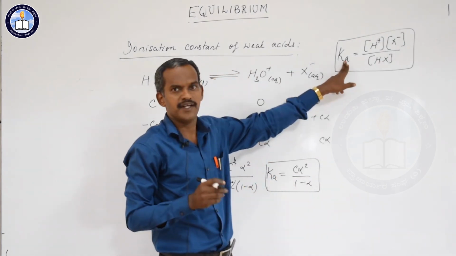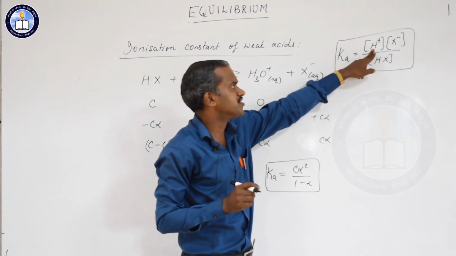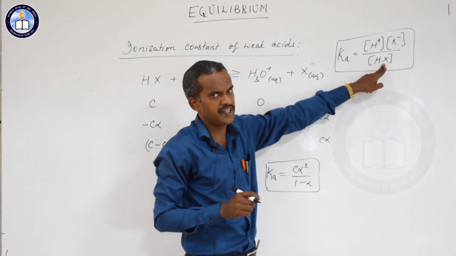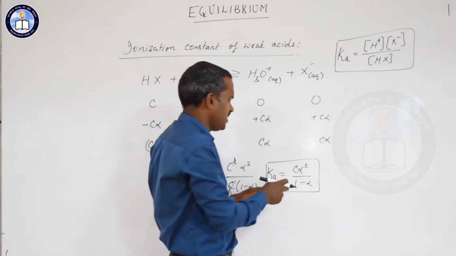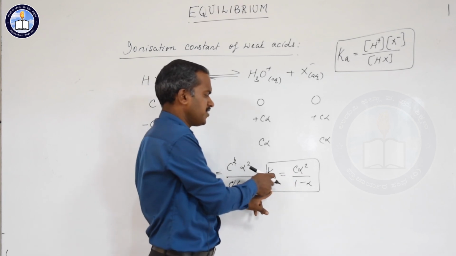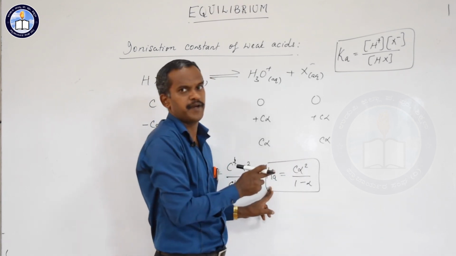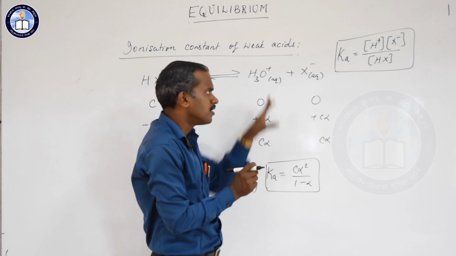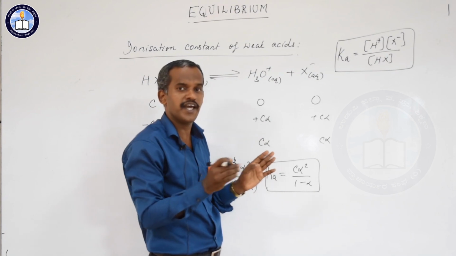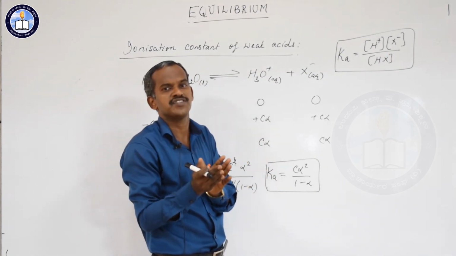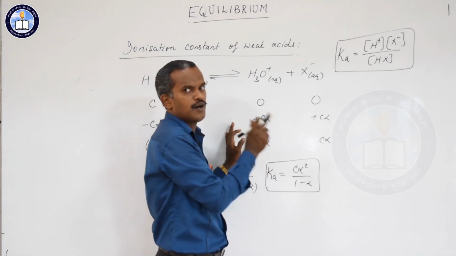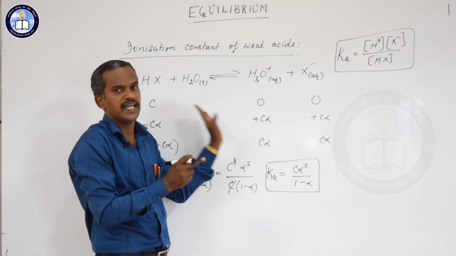Okay, Ka, the dissociation constant of a weak acid, is concentration of H plus into concentration of X minus divided by concentration of HX, that is the undissociated weak acid, or the expression which we got from the degree of dissociation, Ka is equal to C alpha square divided by 1 minus alpha. So there are different acids having different values of Ka. You must remember the value of Ka to compare whether it is a strong acid or a weak acid. Are you clear? So that is about the comparison of acidic strength based on the Ka values.